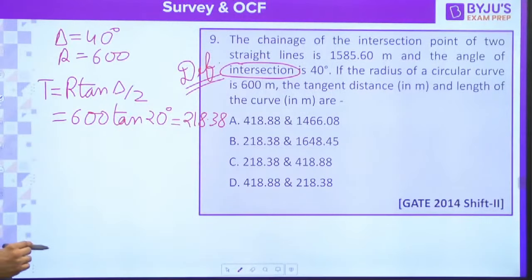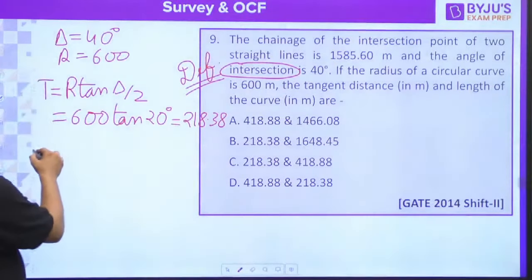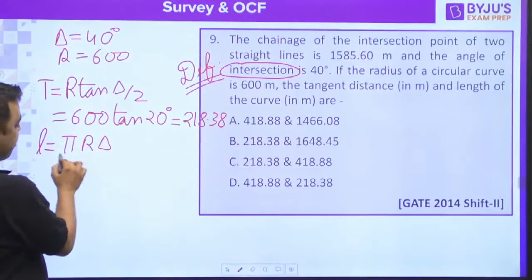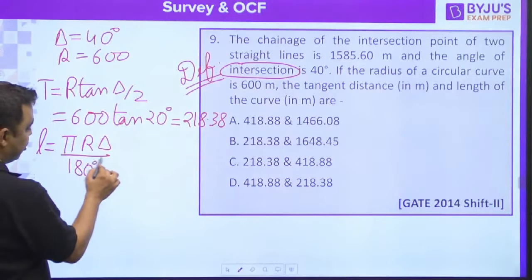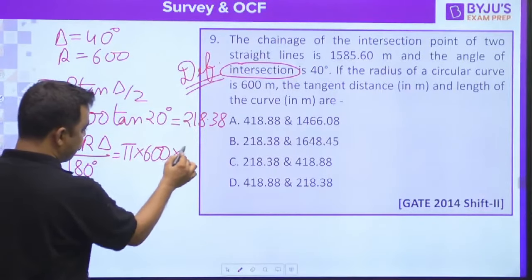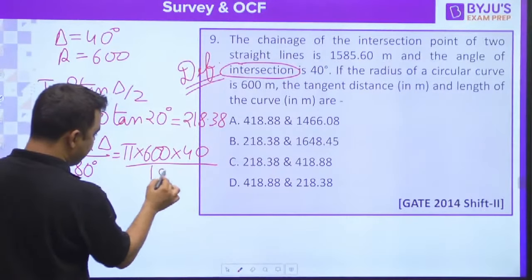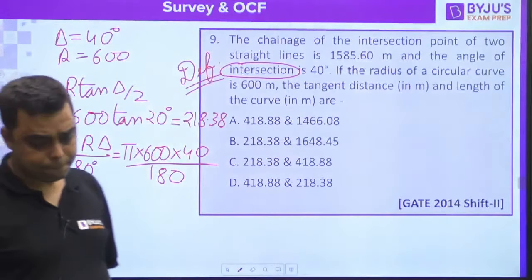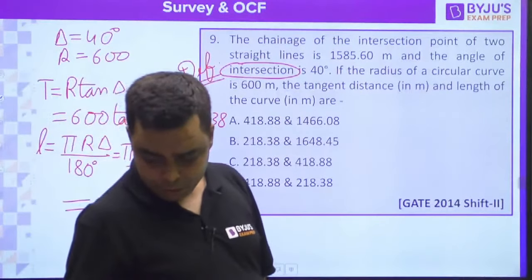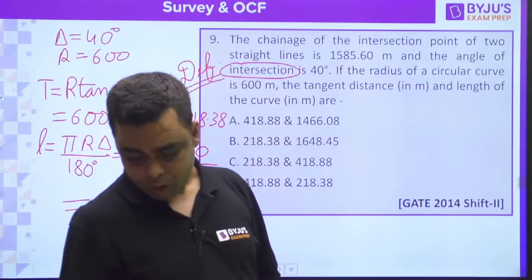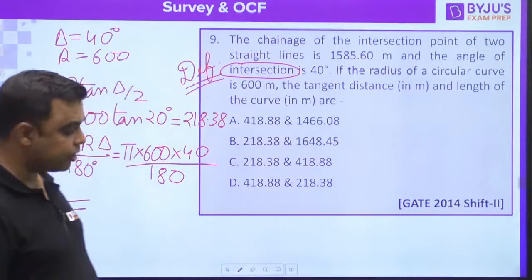Further, the next point is the length of curve L. L will be pi R delta by 180 degree. So pi into 600 into 40 divided by 180. How much will be L? L will be 418.88.